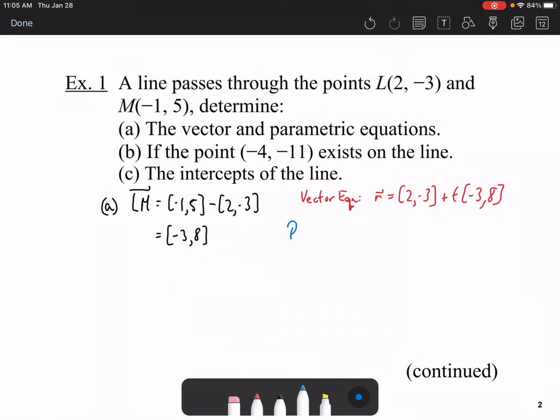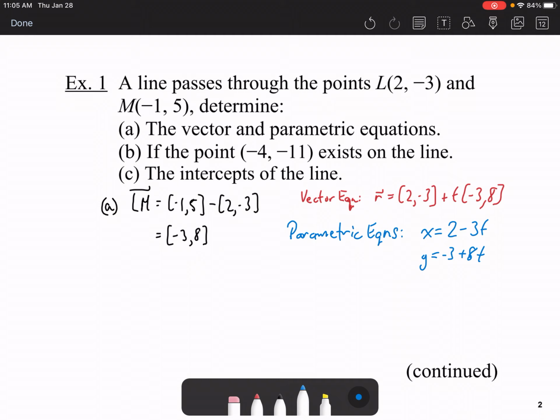To come up with your parametric equations, you use the same idea. You just separate the x and y components, and you can actually have multiple answers here. So these are your possible parametric equations and vector equations.